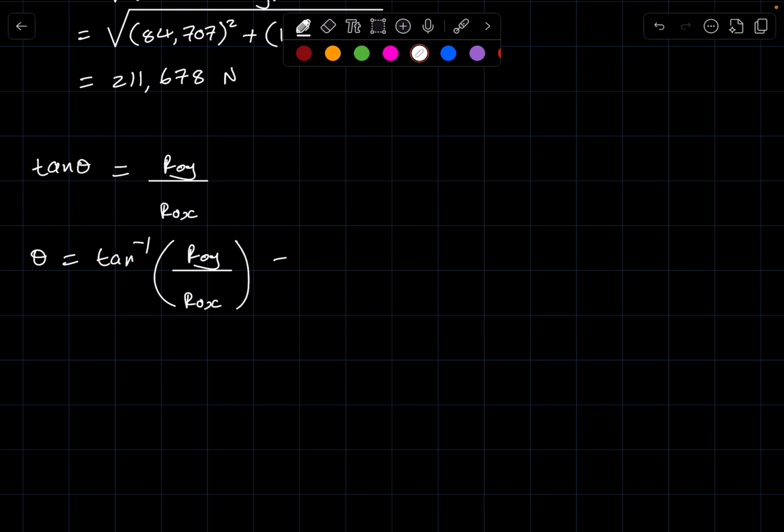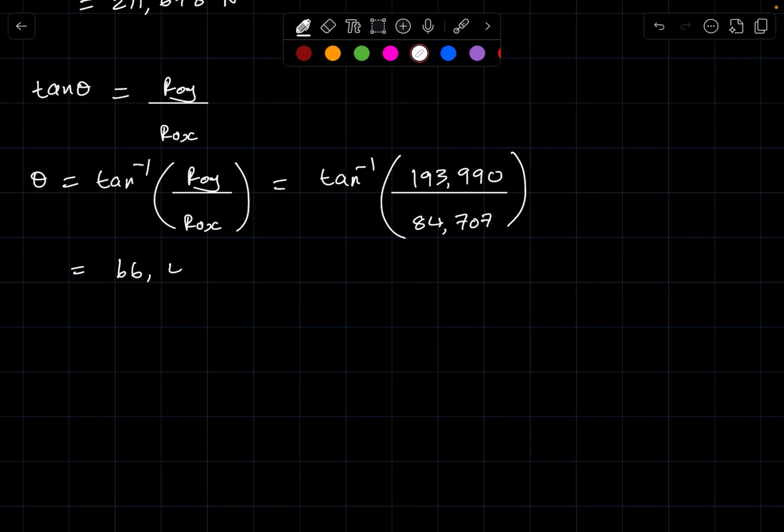So now you substitute: arctan of 193,990 divided by 84,707. This gives us the angle referenced from the x-axis, which will be equal to 66.411 degrees.